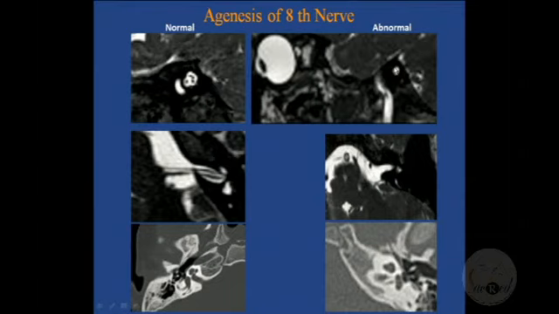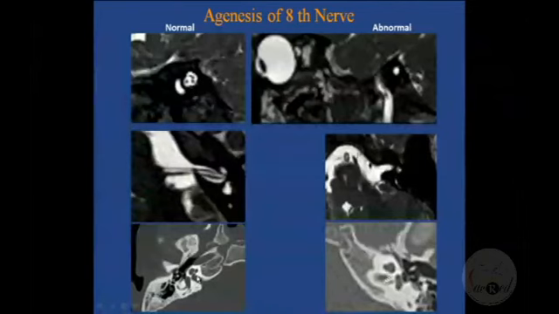The IAC will be smaller also. And the singular canal and the cochlear aperture will be atretic or stenotic. That's a normal cochlear aperture, 2 millimeters in size. Whereas here, the base of the cochlea has an atretic plate. Since the nerve is not present, the cochlear aperture is completely closed, so sensorineural hearing loss.